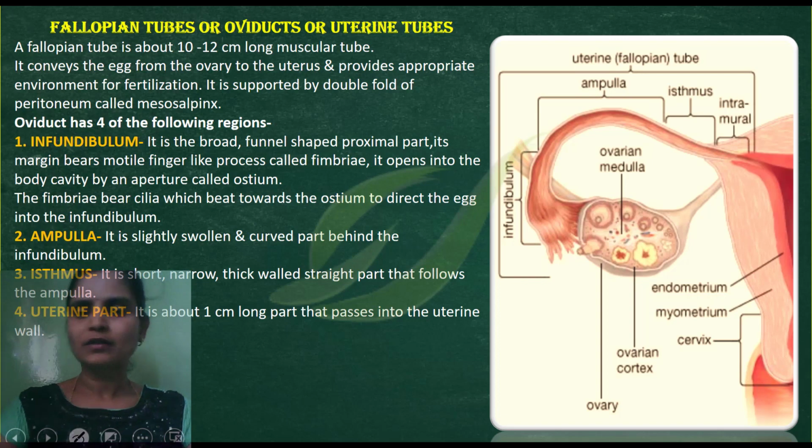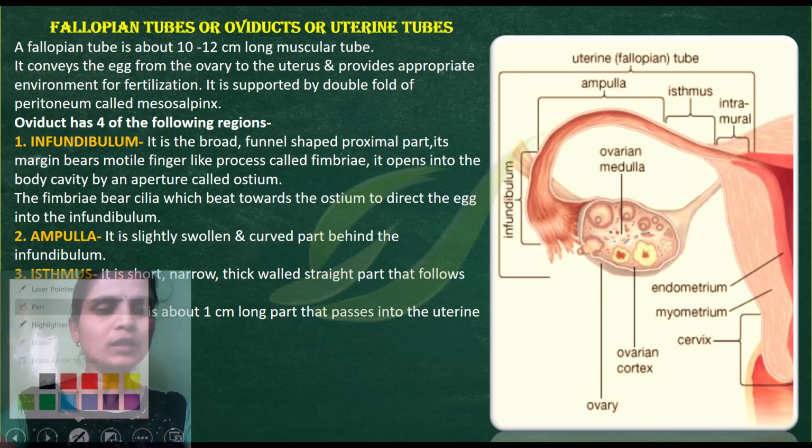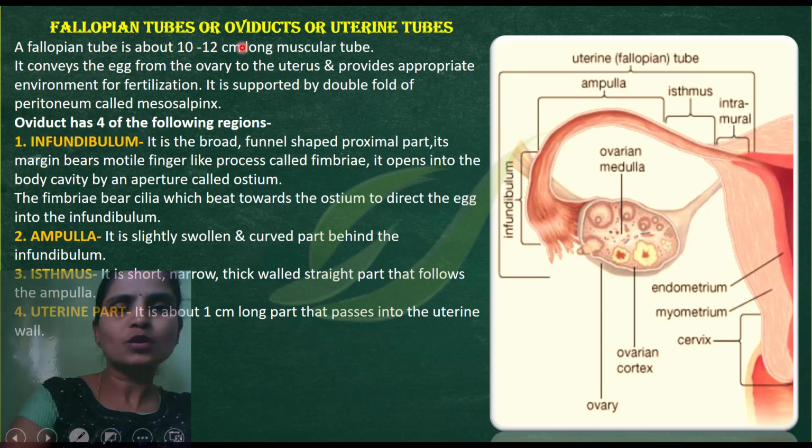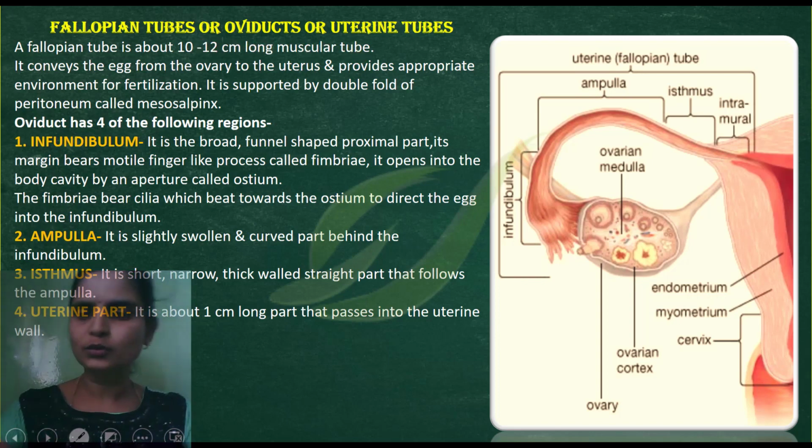Next we are going to study the fallopian tube. The fallopian tube is about 10 to 12 centimeters long and it is a muscular tube. This is the fallopian tube we are discussing now.